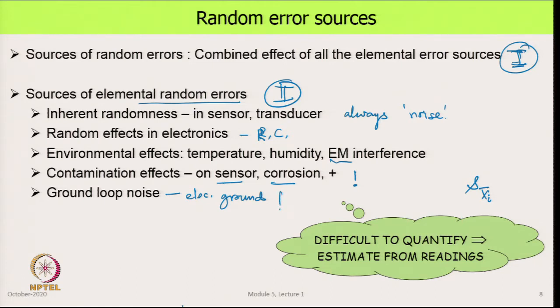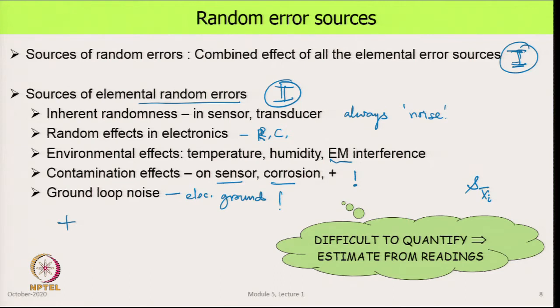This is always there. We can minimize it, and of course, if we are designing our system thoroughly, we can even eliminate this. And you can add more to this, and we see that that forms a sort of a list of elemental random error sources.